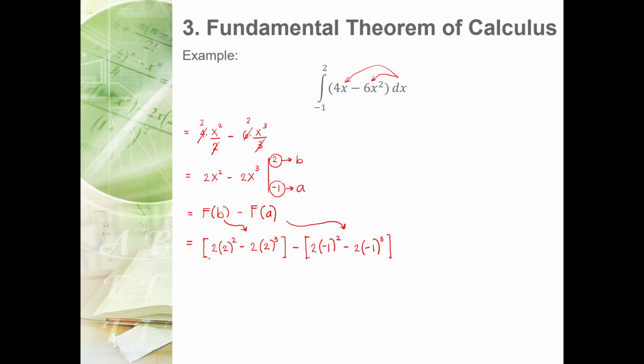Now, since we are not allowed to use our calculator during the midterm exam, you'll be adding up the terms manually. Meaning you have to multiply and expand manually. So the first bracket group will become 2 times 2 squared, that will be 8, and then 2 times 2 cubed, that will be 16.